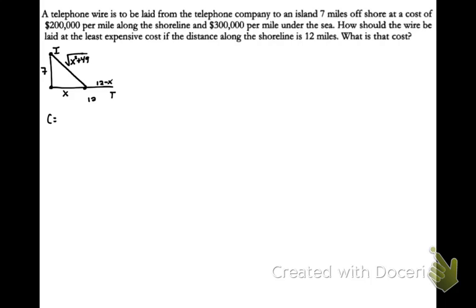I know that it's going to cost me $300,000 per mile along the portion under the sea, so 3 times the square root of x squared plus 49, and it's going to cost me $200,000 along the area on the shore.